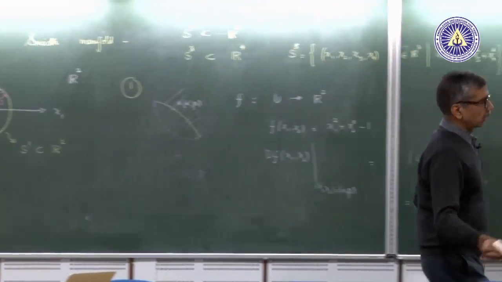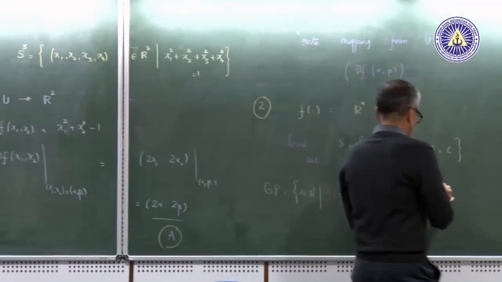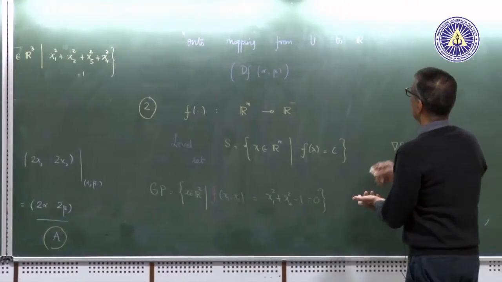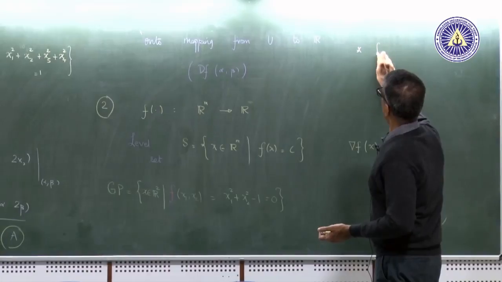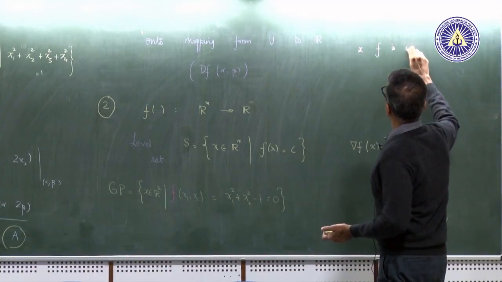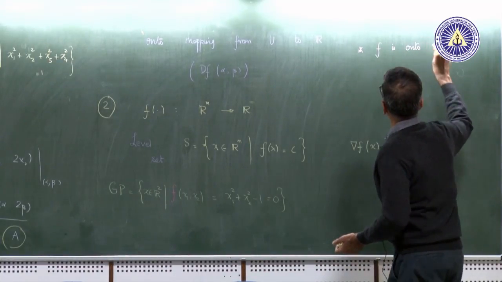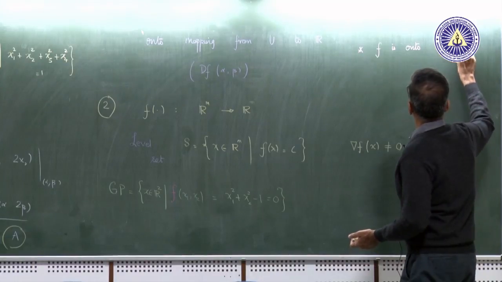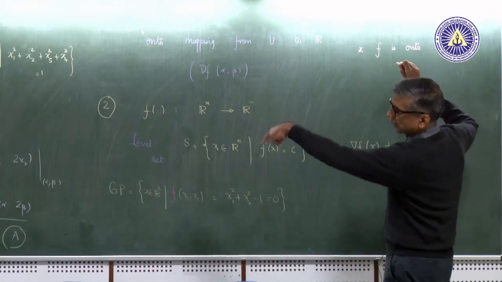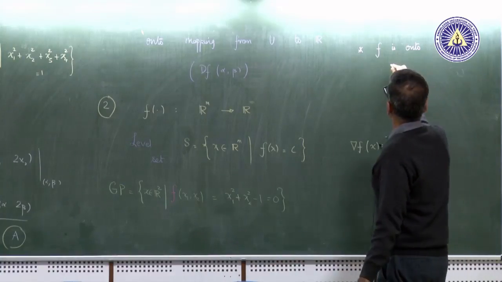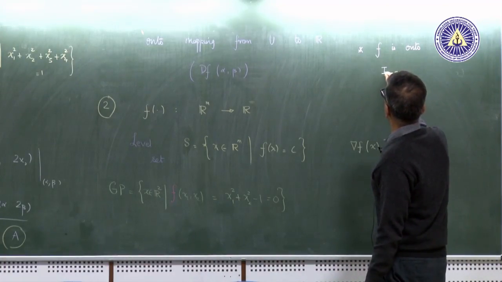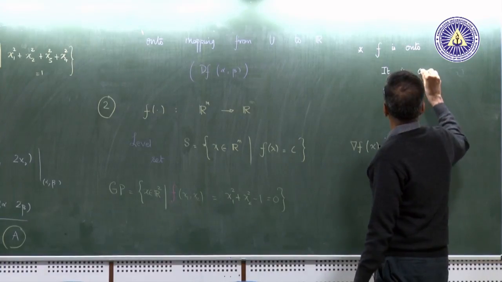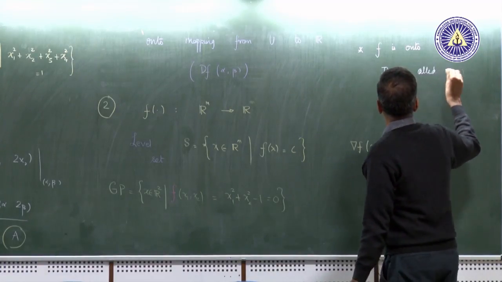Okay. So, now I will write two things. One is f is onto in U, in that whole U. Therefore, it is called a submersion.